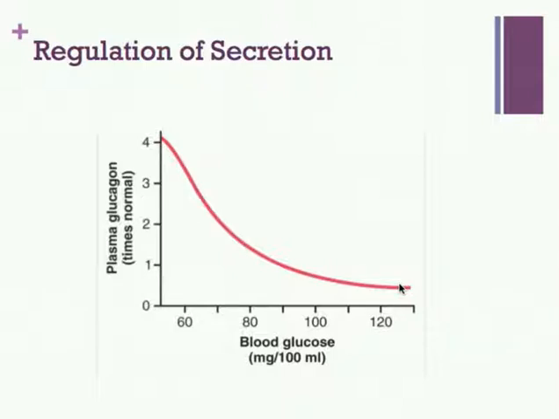So essentially, glucagon is going to be released in an antagonistic way to insulin. Insulin is around to lower blood sugar, whereas glucagon has the primary role of increasing available glucose to the body.